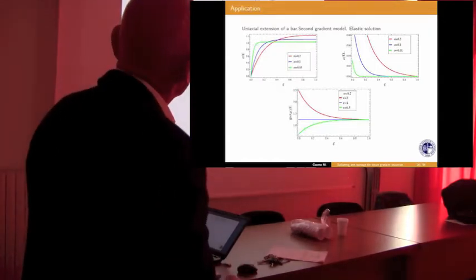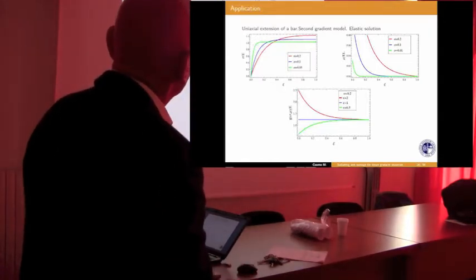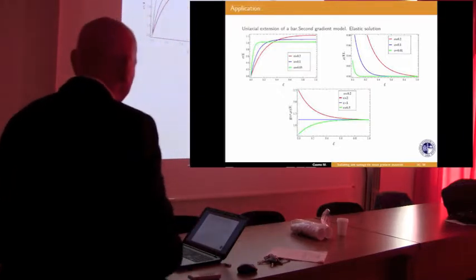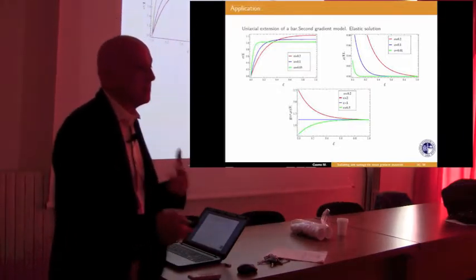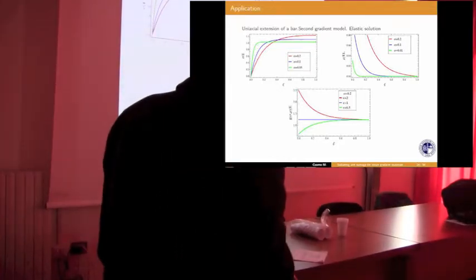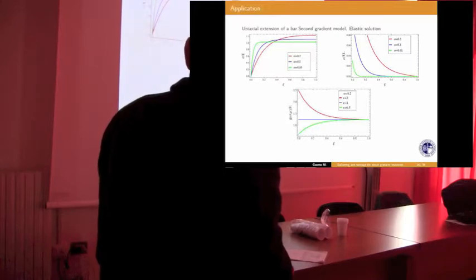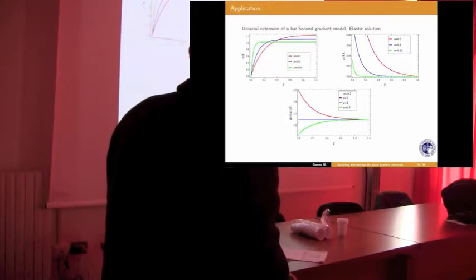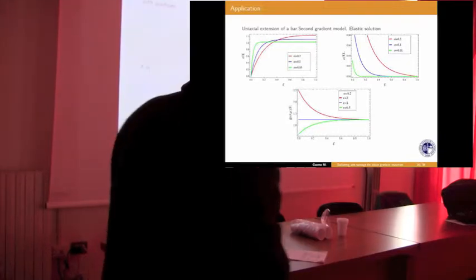According to the value of this weight, either end of the bar can be the first to yield. In the second end of the bar, the first gradient solution dominates. In the first end of the bar, the hyperstress dominates.